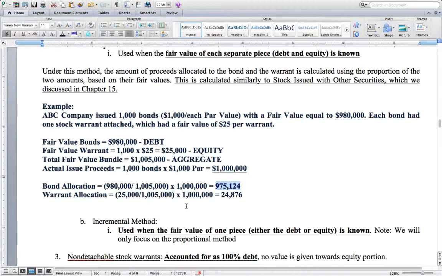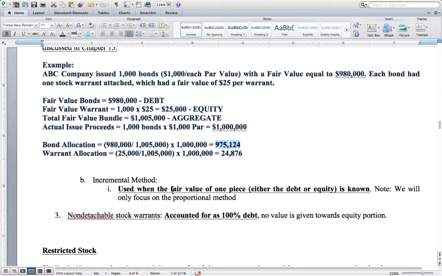If you need to refresh yourself to make sure you understand the proportional method concept, I would refer back to chapter 15 as an additional example, but it is accounted for the same. You need to know the fair value of each. You need to know what the total fair value is, determine what the percentage of that aggregate fair value is for each, the debt and the equity, and then you will multiply that by the actual issue proceeds, and that is the allocation amount to each one, debt and equity.